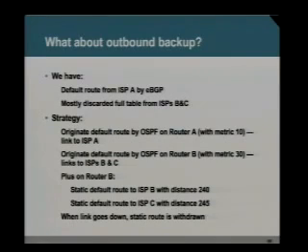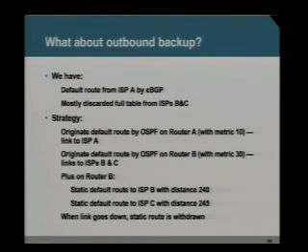So we have default route from ISPA by eBGP, mostly discarded full table from B and C. In this case, it was about, I'm trying to remember, I think it was about 15,000 prefixes we ended up on this network. So it's a bit of a reduction from 600,000 to 15,000. The amazing thing is, when one of these links failed, the network failed over to backup connections within a few seconds. Whereas previously, they were taking many, many minutes to do the same failover.